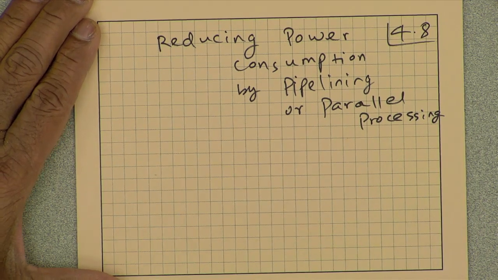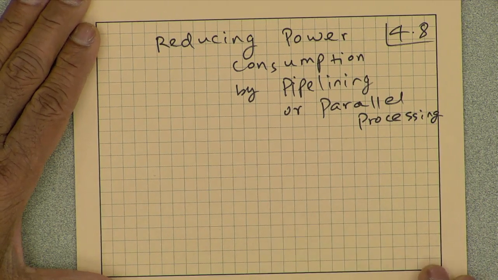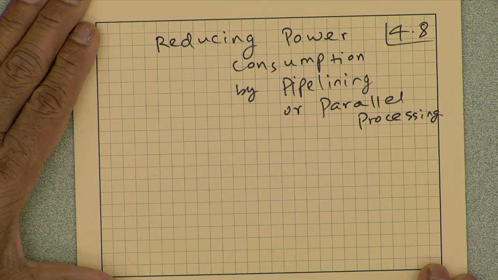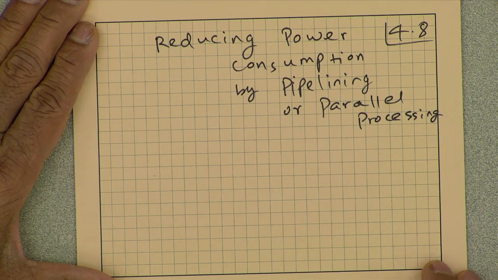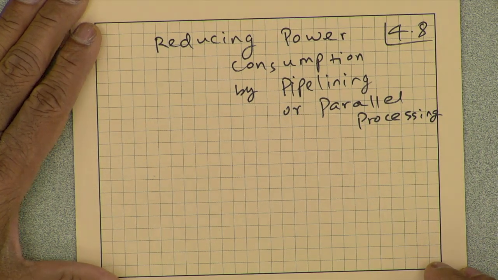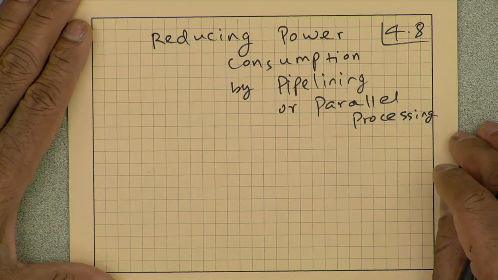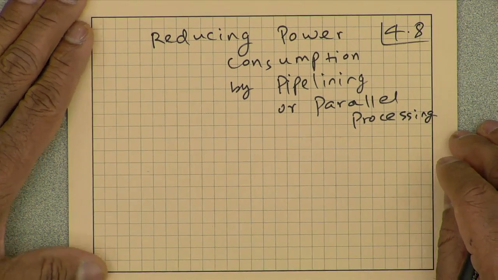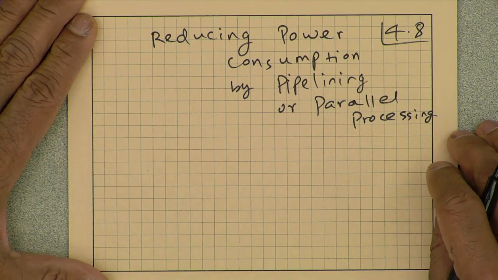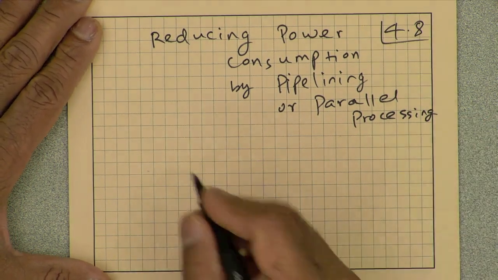We are interested in reducing the power consumption by pipelining, such that the reduction in critical path because of pipelining can be traded by reducing the supply voltage.